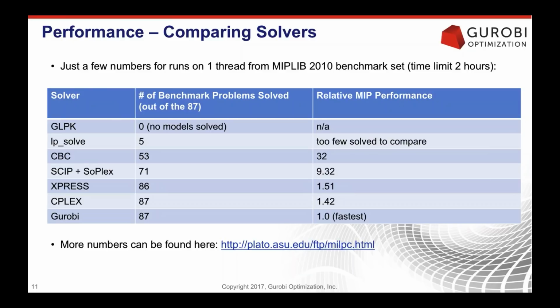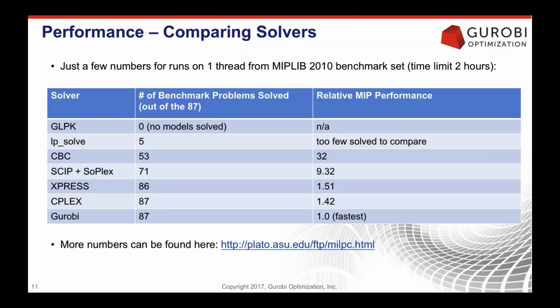This slide shows an overview of a few free solvers and a few commercial solvers in the first column. In the second column, you can see how many of the 87 problems these solvers could solve within the time limit. And in the third column, you can see the performance of the solvers. So what this shows is that GLPK and LPsolve haven't solved a lot of models.